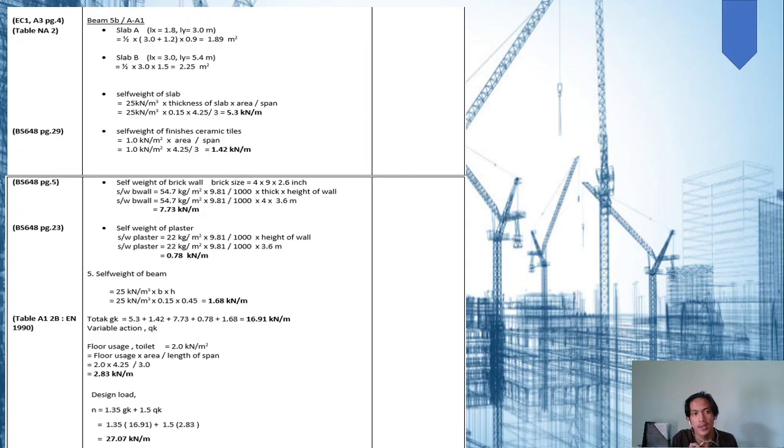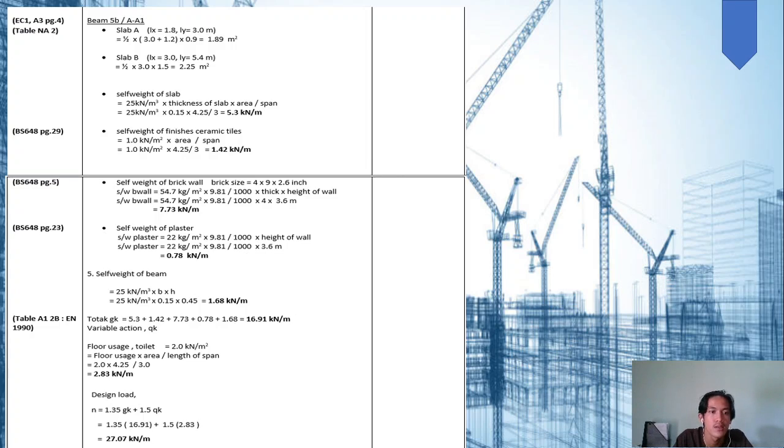For slab A, we get 1.89 meter squared, and for slab B, we get 2.25 meter squared. For the self weight of slab, we get 5.3 kilonewton per meter, and the self weight of finishes, ceramic tiles, we get 1.42 kilonewton per meter.